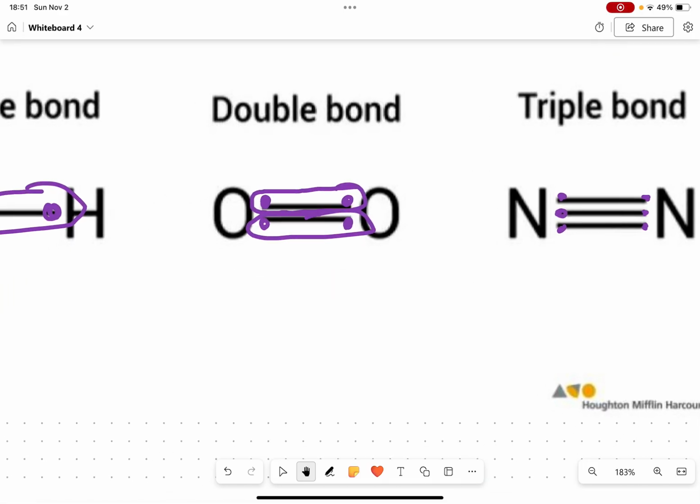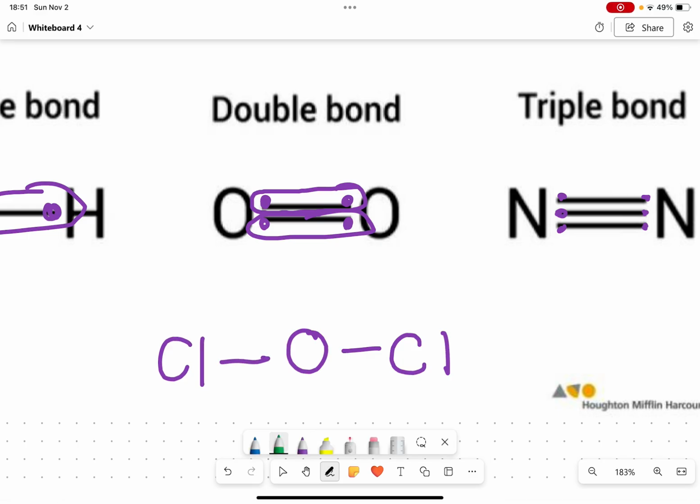And I do want to point out that having what we saw earlier, OCl and Cl, this is not a double bond because there are not 2 bonds connecting one oxygen and one chlorine.